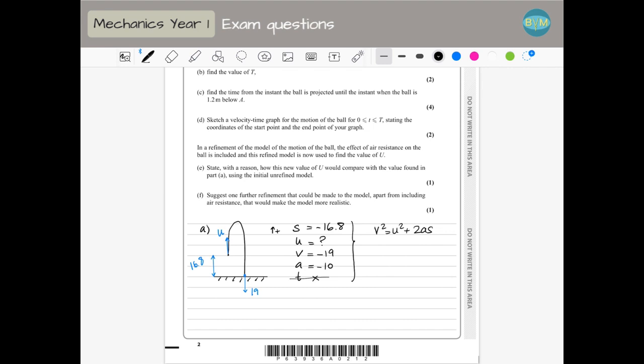So v squared is minus 19 squared, u squared is what I need to find, plus 2 times a times s, so minus 10 and minus 16.8. From here you have that u squared is 25, which means that u is 5 meters per second. We are going to get the positive one. So that's the first part.